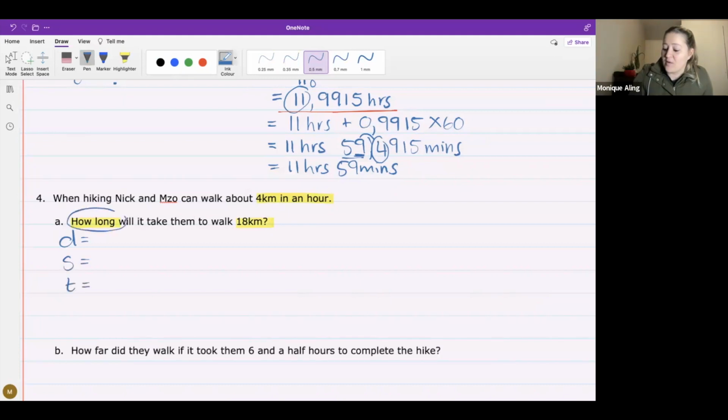So let's just set up what we have and what we don't have. Because of how long will it take them, we know that we are trying to work out time. Distance is 18 kilometers. And I know it was worded very differently, but 4 kilometers in an hour is our speed. 4 kilometers per hour. Okay, I'm going to give you guys a few seconds to quickly work out the time for me there. How long will it take them to walk 18 kilometers?